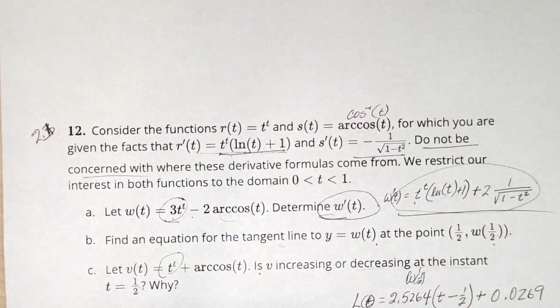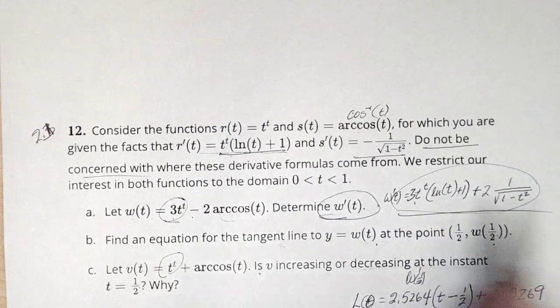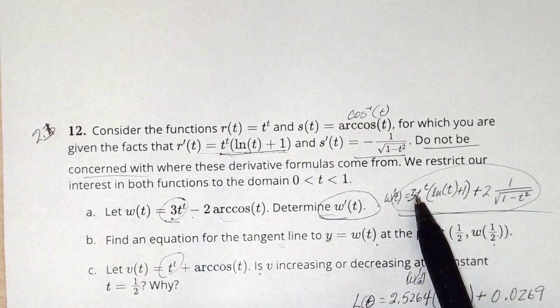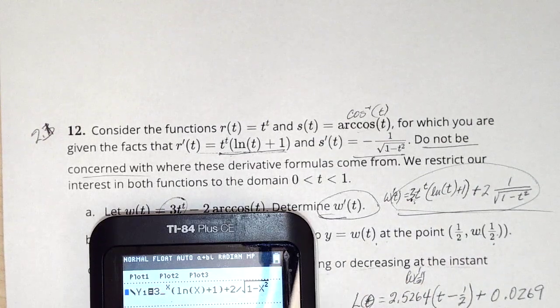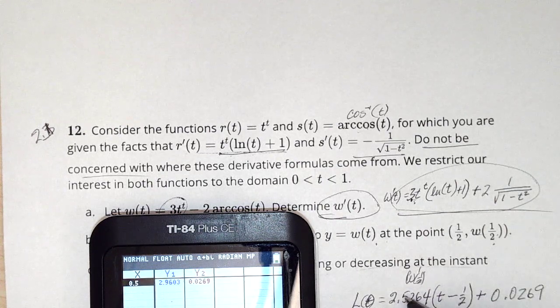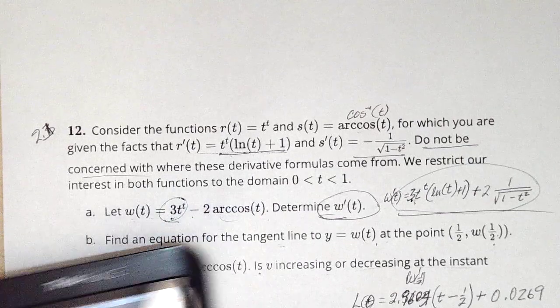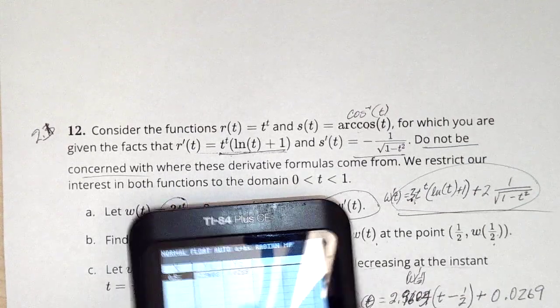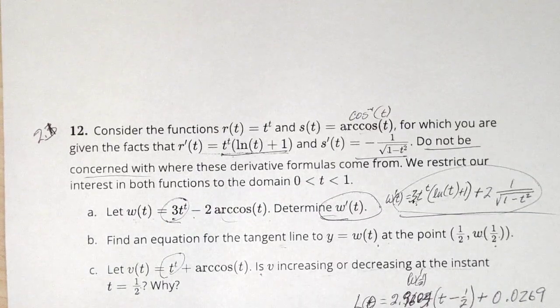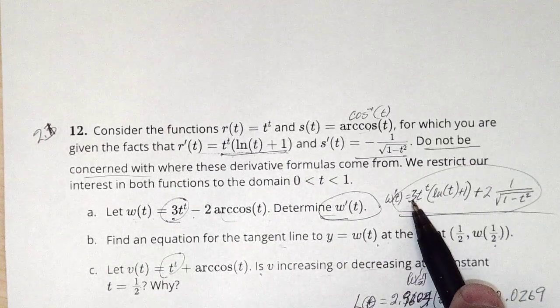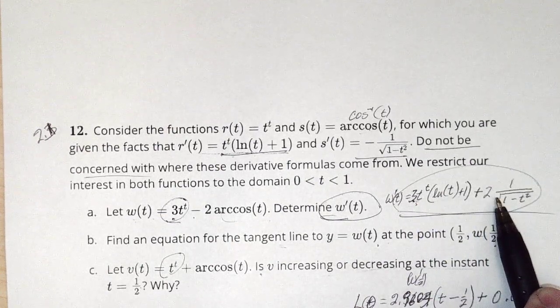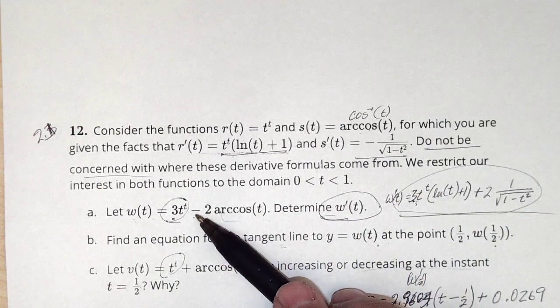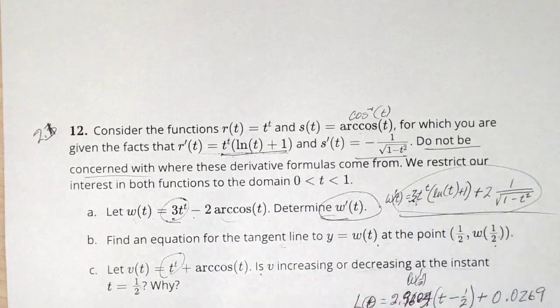That should have been the derivative here. There should have been a 3 on that. So when we put in a half on it now, the slope is 2.9603. I got the 2 from minus 2, and I should have had the 3.